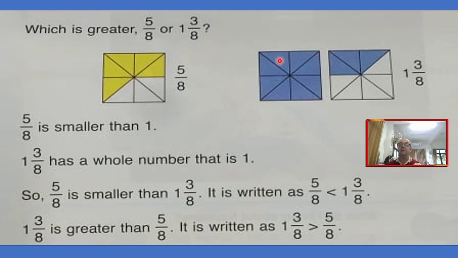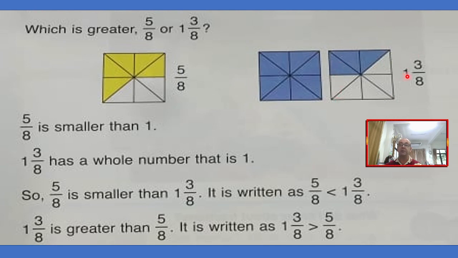So here is the 1 because we have all 8 pieces. So that makes one whole piece. And then we have 3, 1, 2, 3 pieces of another group of 8.